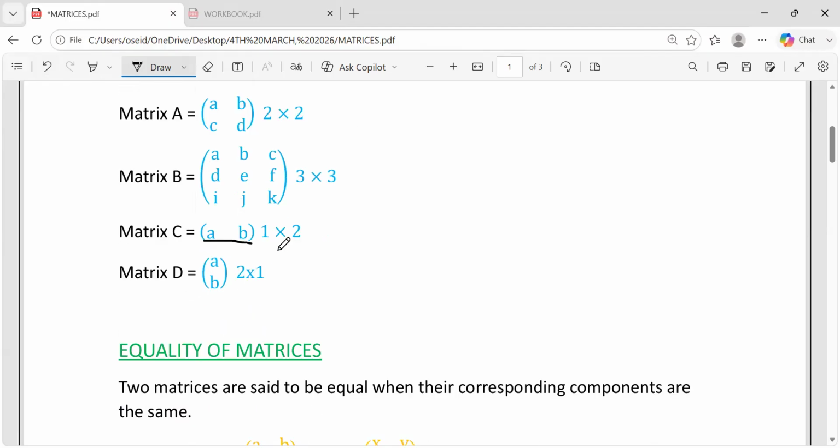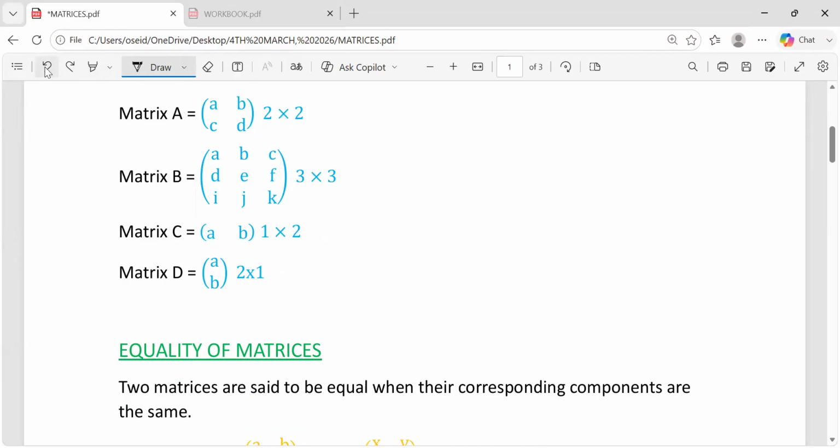It is a 2 by 1 matrix because we have two rows and one column. We have row 1 and row 2, and we have one column. That's how we get a 2 by 1 matrix.